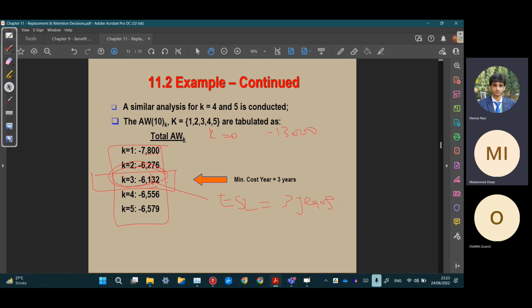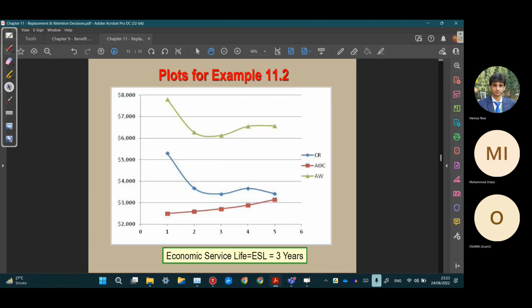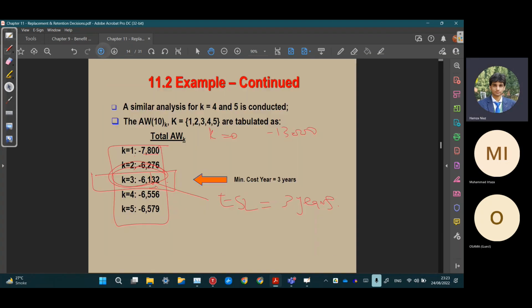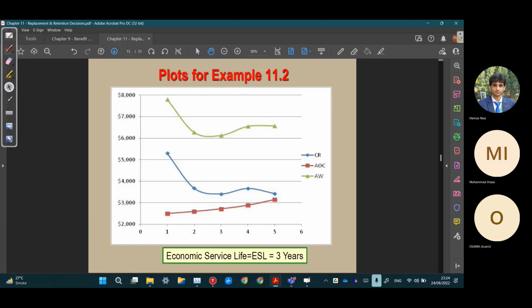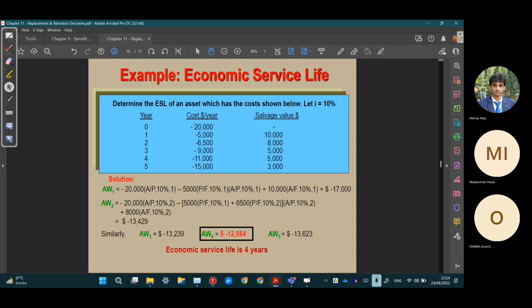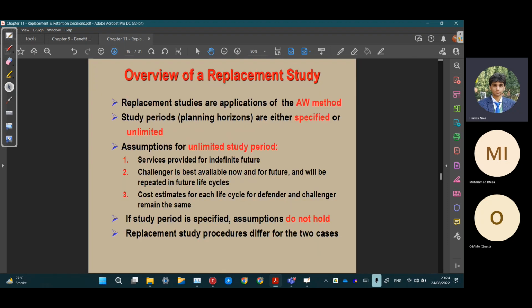Okay, so that's how we can find the ESL. All right. So this was the first question, how we are going to find the ESL of any product. The second is, this is again the same for 5 years. We have to find the ESL. The second is replacement study, this one.